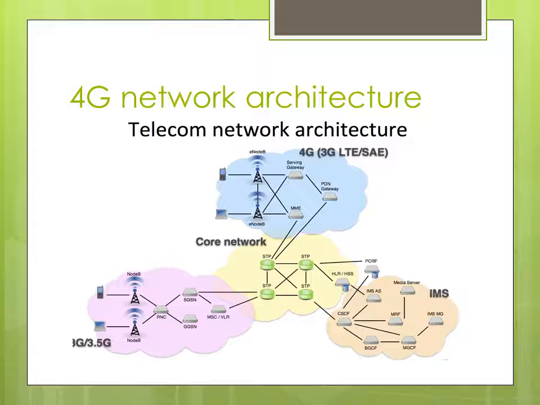This core network consists of a number of devices. Those devices depend on the technology we are using, whether 2G, 3G or 4G. If we take an example for a 4G network, I'll find something called MME and PDN gateway. The PDN gateway, for example, consists of S gateway and P gateway.